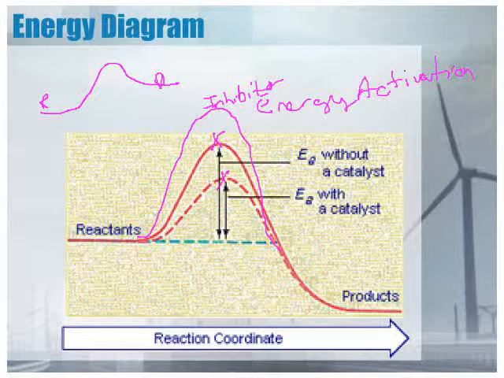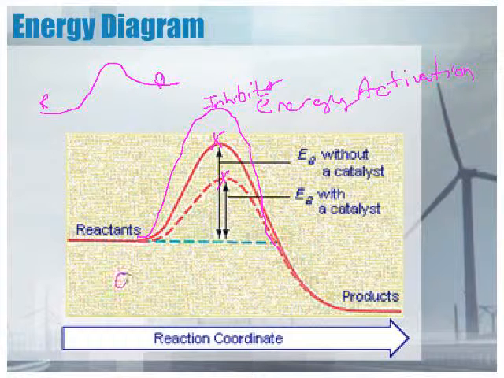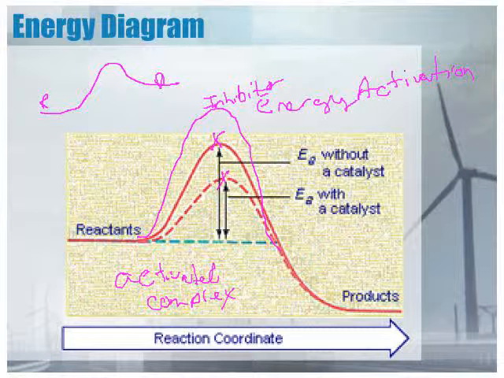At the top of the hill, so to speak, that's your activated complex. That's where it's neither a reactant or a product, and you saw this in the Gizmo. The collision theory Gizmo showed you your activated complex as things were coming together and then breaking apart.